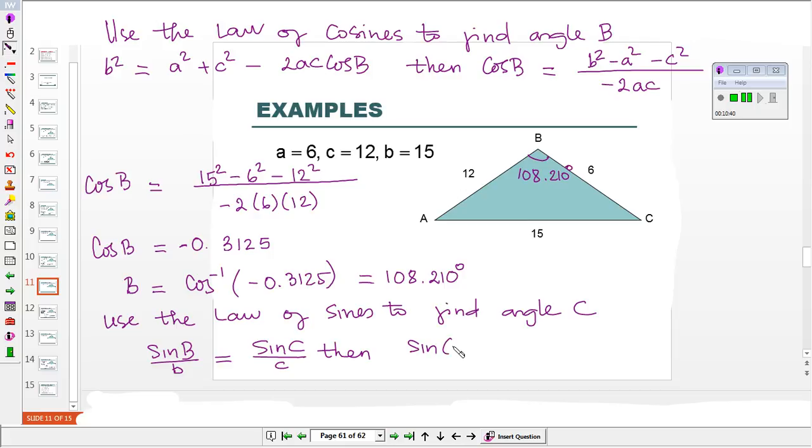Then substitute the angle B for 108.210 degrees over b for 15 equals sine of the angle C, and the angle C we do not know, so we'll put it the way it is, over side c, which is 12.